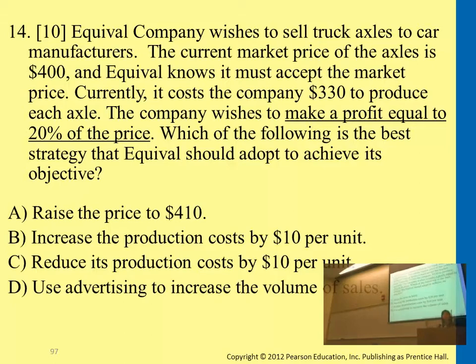So if you know the set price is $400 and the profit is $80, meaning the target cost is $320. But the current cost they use to produce the product is $330. So what would be the best strategy for them in order to get that $80? Reduce the production cost by $10 per unit. Very good. So why is it not A?